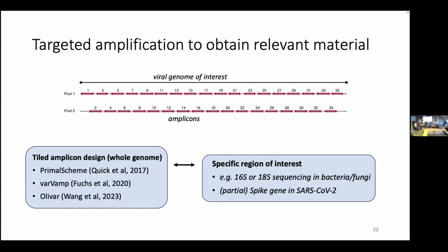Because we're looking for a needle in a haystack and concentrations can be low, so what people do is they first use PCR to amplify the material that we're looking for. And the standard approach is to have this scheme of amplicons, called tiled amplicon design. So we have shorter sequences which together cover the whole genome of interest, and each of these shorter sequences we amplify to get enough data to analyze.